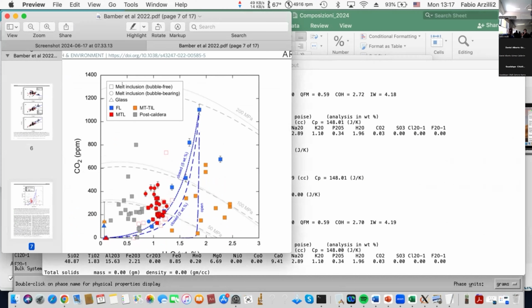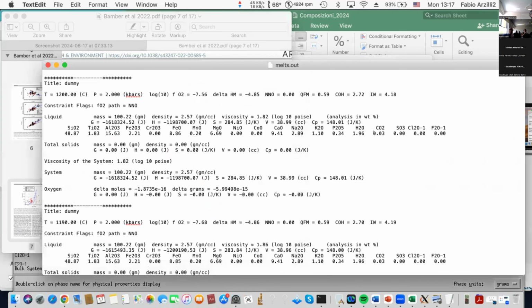So the value for 200 megapascal of the CO2 is much higher than 1000. So what we are experiencing here is this. We selected the number, so basically 3000 ppm, that is not enough for this basalt. Okay? We have to increase the amount of CO2 to reach the saturation, because changing the water, nothing happens. You see what it means?